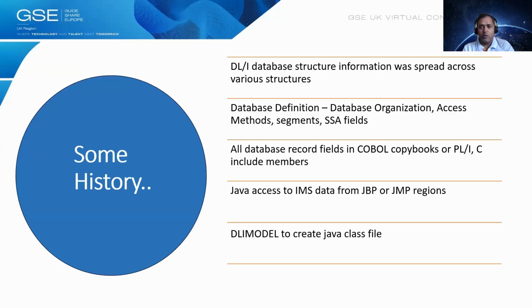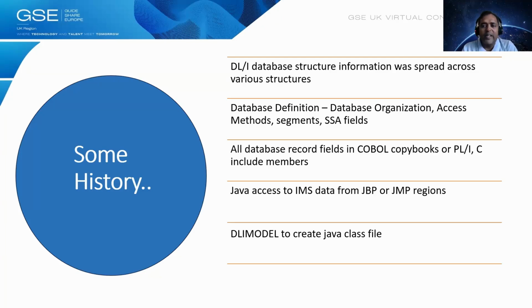Let's talk about some history of how the catalog was introduced. We know that earlier the DLI database structure had information like DBDs, COBOL copybooks and PL/I include members, and PSBs.